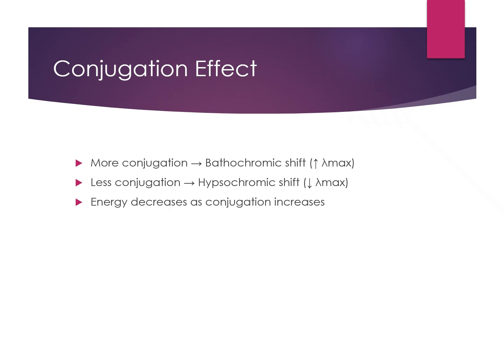Thus, with greater conjugation, lambda max shifts to longer wavelength, resulting in a bathochromic effect or redshift. On the other hand, when conjugation breaks, the absorption shifts to lower wavelength, a hypsochromic effect.